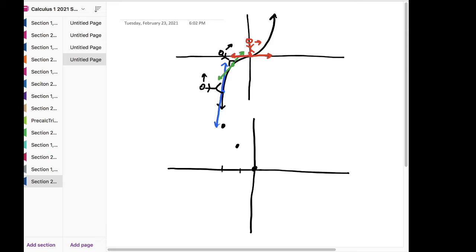And what happens if you move forward? It starts increasing again, right? Does this curve ever decrease? No. So it might look something like this.